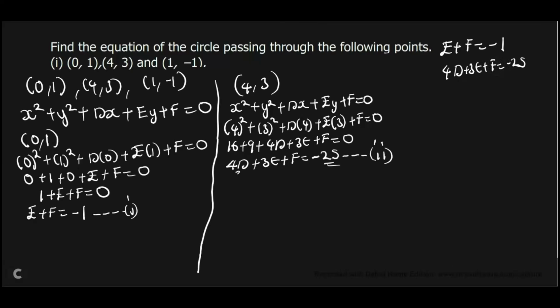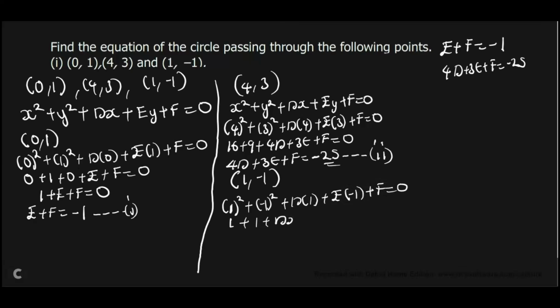Now let's go to the next one, which is 1, -1, such that we also do the same thing, which is 1 here in the x-axis and in the y-axis -1. Then d is 1 times x, then plus e times y, which is -1, then plus f equal to 0. So this is 1 plus 1 plus d there, right? Plus, oh no, that one is not supposed to be plus, it's supposed to be a negative.